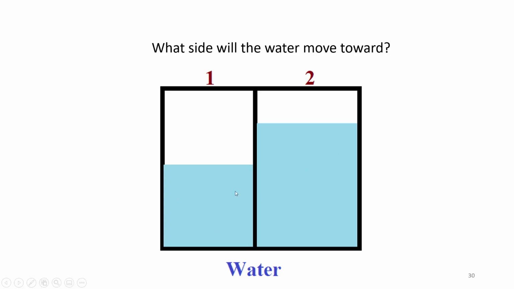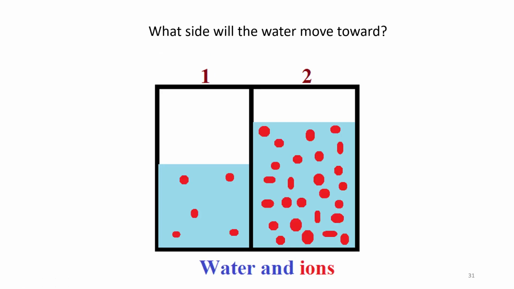So since there's nothing else present here, and we want to have kind of equality on both sides, water is definitely going to move from side 2 to side 1. And then we'd have equal water levels. So this is going to lose some water, this is going to gain some water, and there's going to be minor fluctuations back and forth with water until the water level is equal.